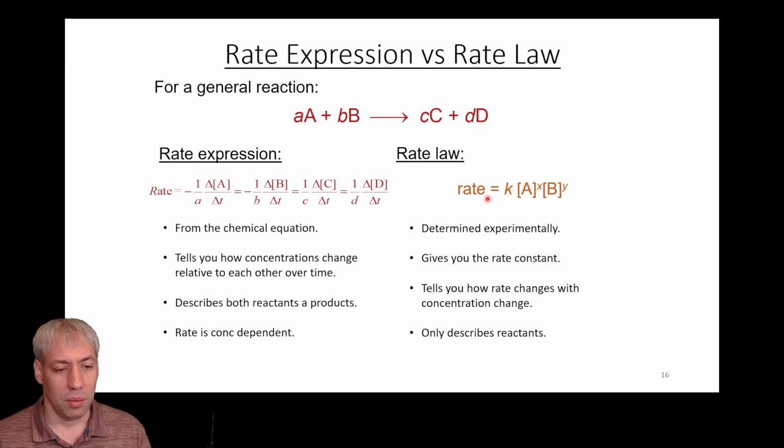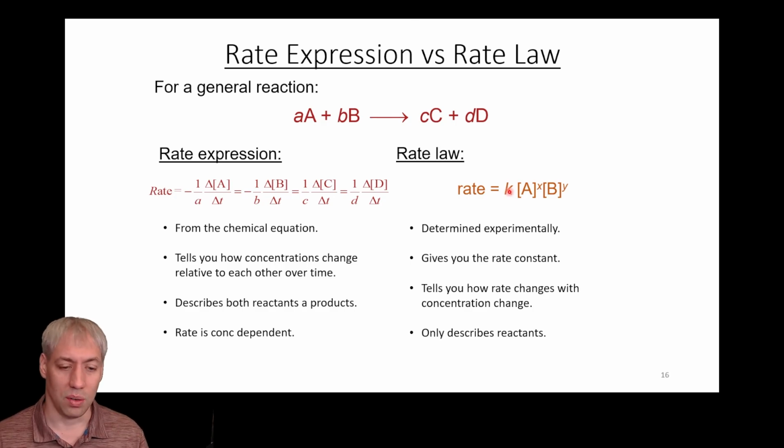Now, from this, we figured out a rate law, right? We figured out the proportionality between concentration of reactants and the rate of the reaction is going to be dictated by this rate constant here. This is something we have to determine experimentally, whereas rate expression is just the stoichiometry. This rate constant is an intrinsic descriptor of the reaction. It doesn't change as the reaction progresses.